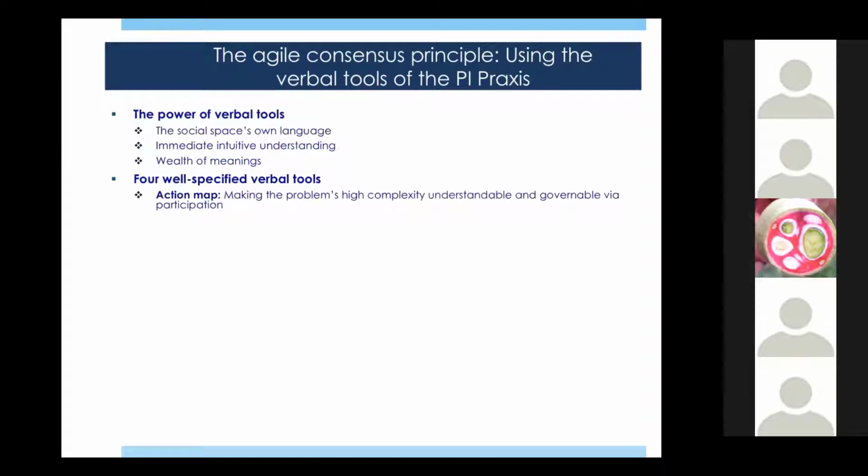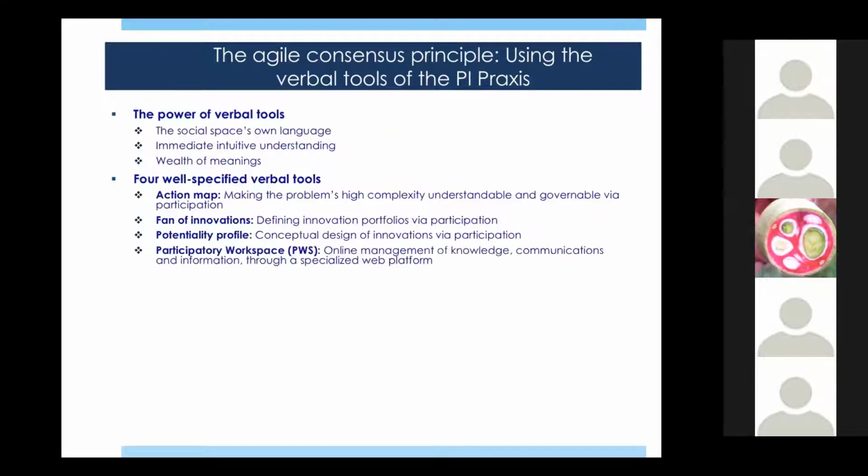The action map for making the problem's high complexity understandable and governable via participation. The fan of innovations, defining innovation portfolios via participation. The potentiality profile for conceptual designing of innovations via participation. And finally, the participatory workspace, for online management of knowledge, communications, and information through a specialized web platform, which I will show.